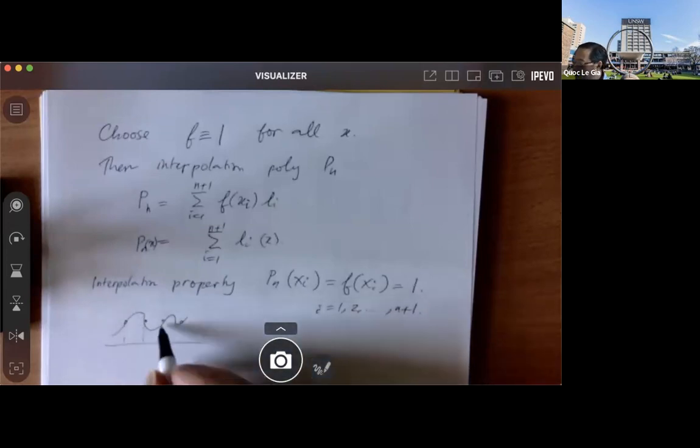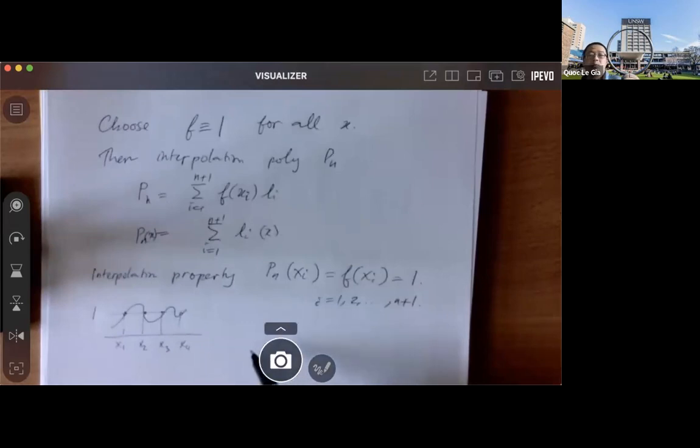So you know, like x1, x2, x3, x4, and all of them equal 1 here. So how do you show that Pn actually is 1 everywhere? You see the delicate point here.